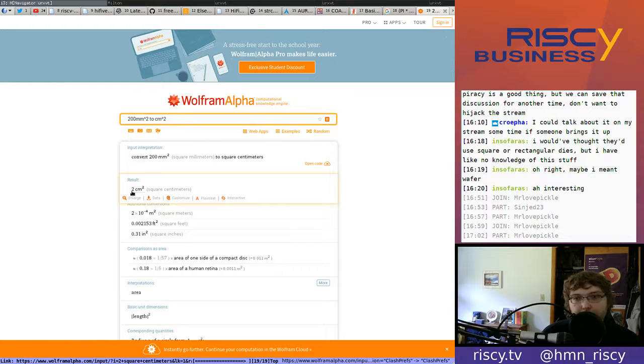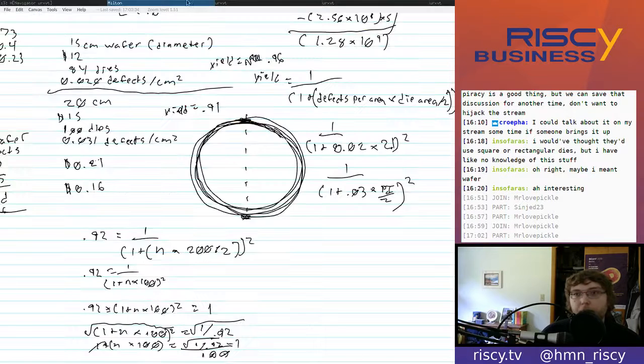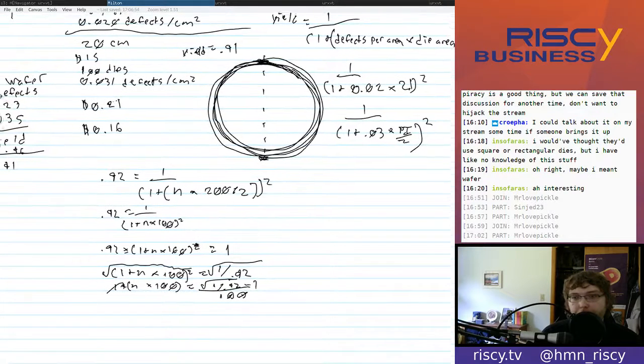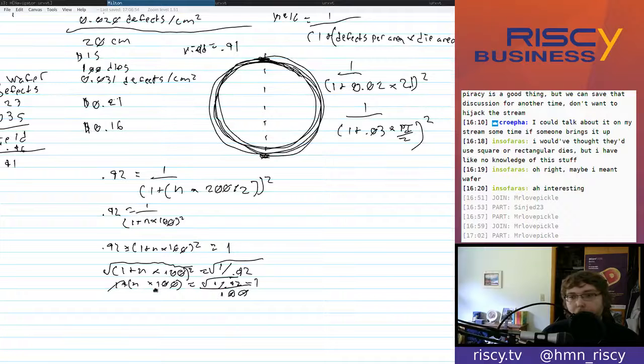Right, so it's 2 centimeters squared. So if I say 2 divided by 2, that's 1. So this just simplifies to 1, or to n, I mean. So it's 1 plus n squared. So we don't need to divide by 100 is the short story there.